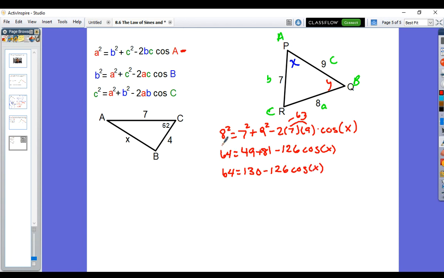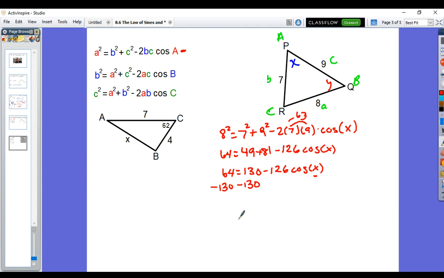Can we subtract those? No. Just like in sine, or the last one, you cannot subtract those. 130 minus 126 cosine: this doesn't have a cosine, so you can't subtract those. Our goal again is to get X by itself. We're going to start by subtracting 130 from both sides.